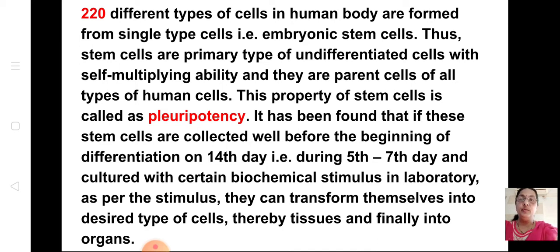So before the 14th day, if you take them and give the biochemical stimulus, we can transform these stem cells into whichever tissues or organs we desire, from the 5th to 7th day before differentiation takes place.